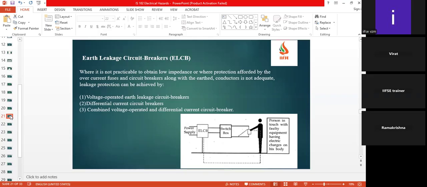The abnormal conditions are leakage due to insulation failure, a person touching live wires, or current flowing through the ground instead of returning through the neutral. This ground path is also a leakage. When it is not returning through the neutral, something is going out of the circuit, which creates an imbalance, and automatically the ELCB will cut off the supply.